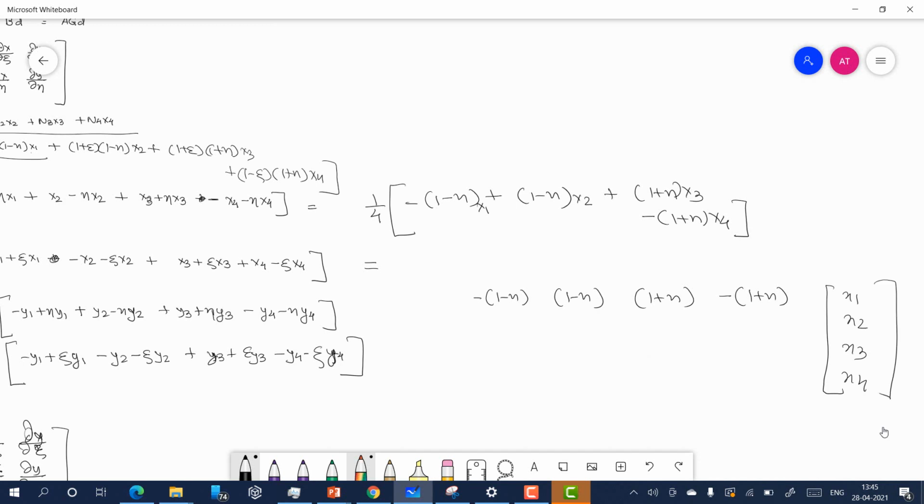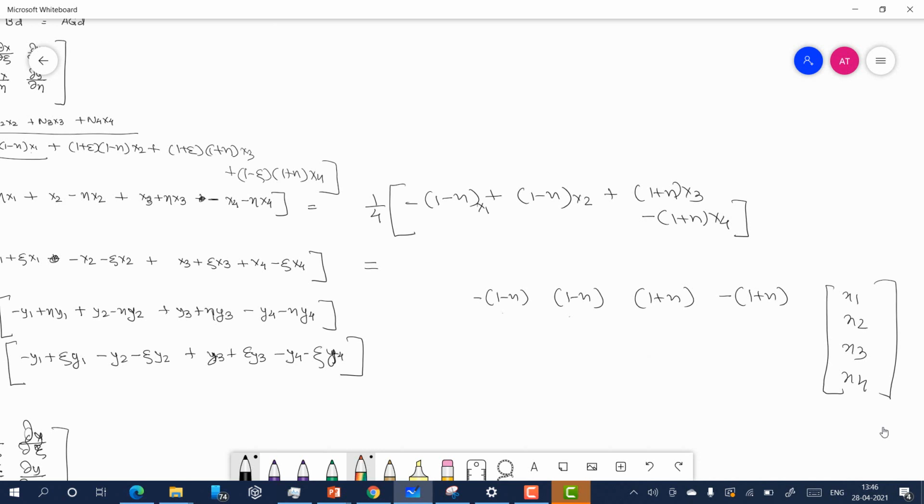Can I do that? So this into x1, this into x2, this into x3, this into x4, right? So this is just the first component which I am getting.